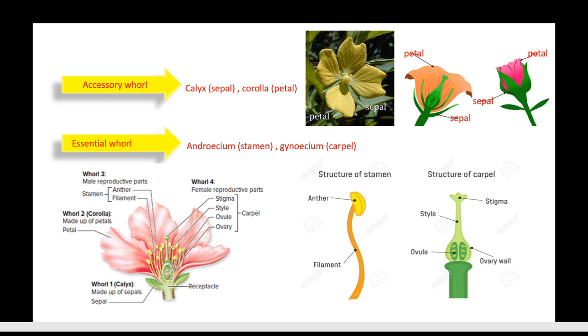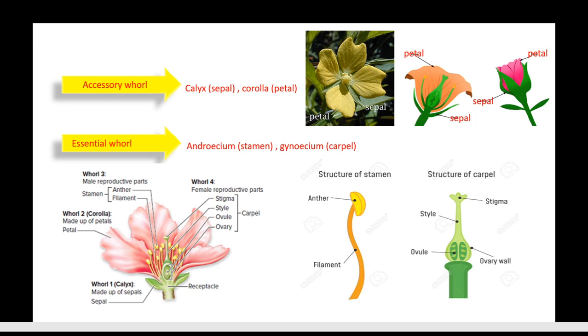Now come to the calyx. Calyx is the outermost whorl, and floral leaves of this whorl are called sepals. It means that calyx is the plural of singular sepal.